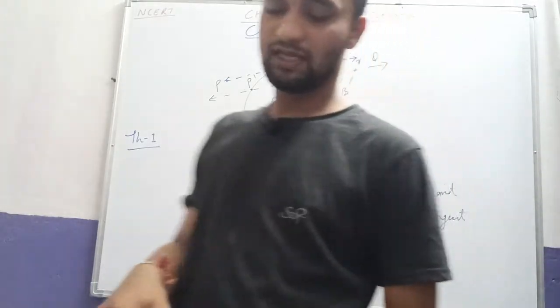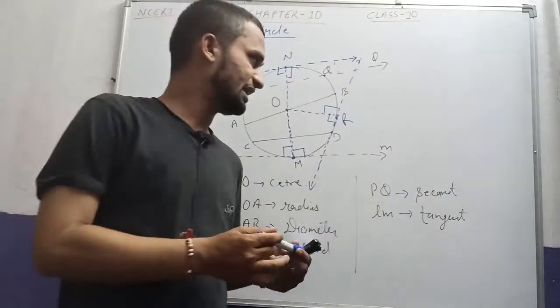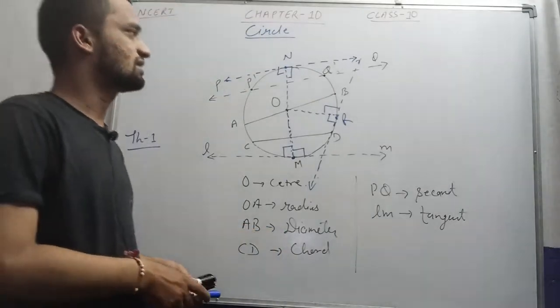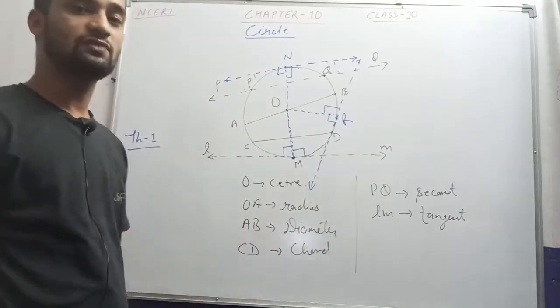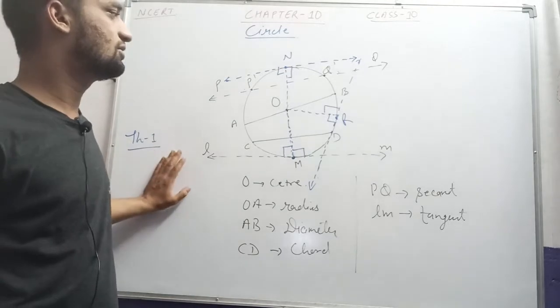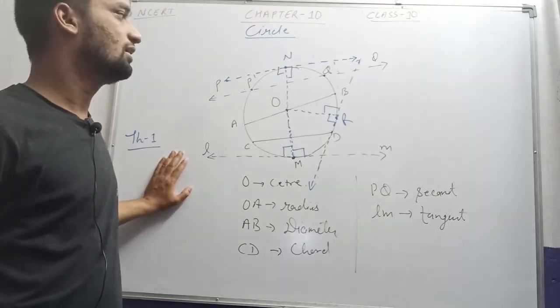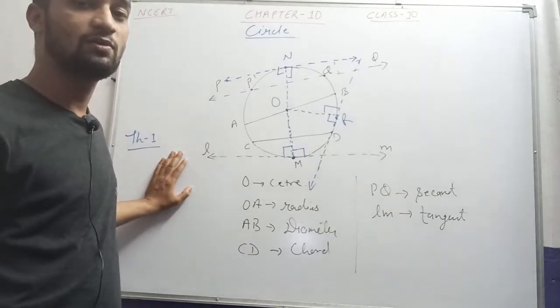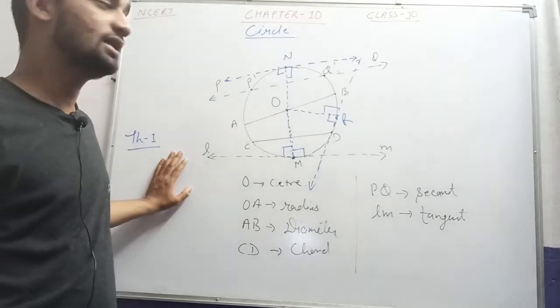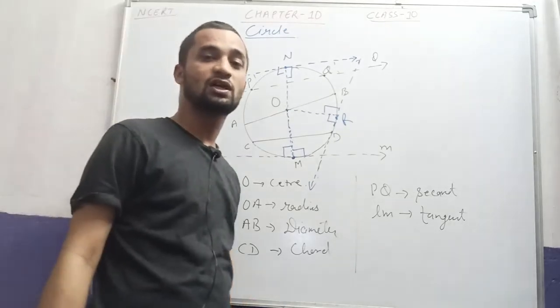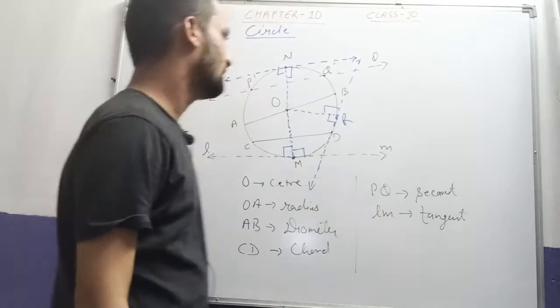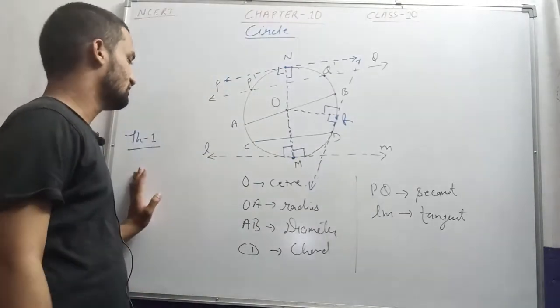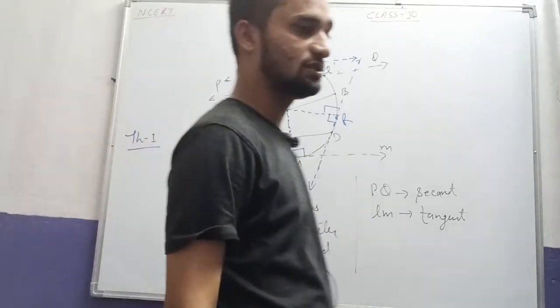Likewise, at any point on the circumference of a circle, if a tangent is drawn and we make the radius from the point of contact, then it will be perpendicular to the tangent. That is your theorem first.